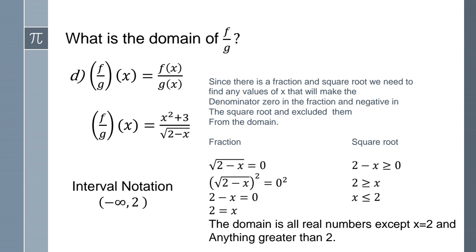So we have the square root of 2 minus x is equal to 0. The first thing that I'll do to solve for x is take the square of both sides. And it's going to give me 2 minus x is equal to 0.